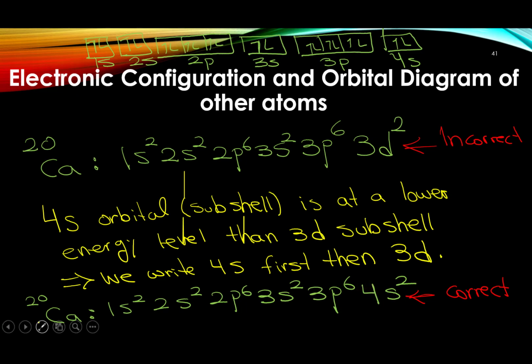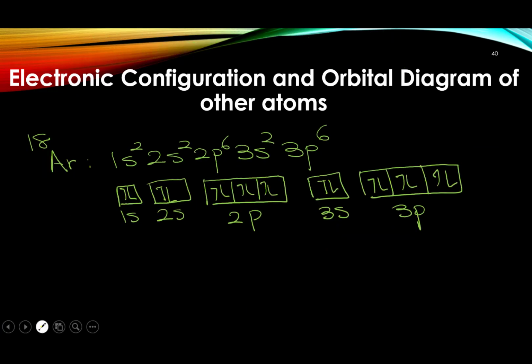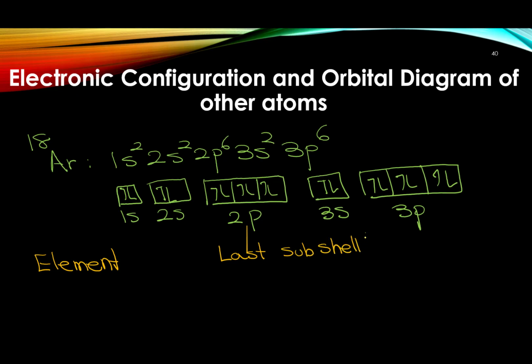One thing that you want to pay attention to, or maybe I'm going to write it down here because I have a space for it: element, last subshell. Let's fill in.